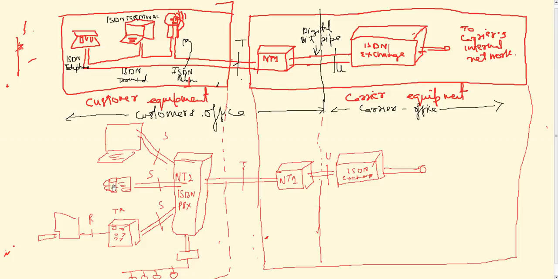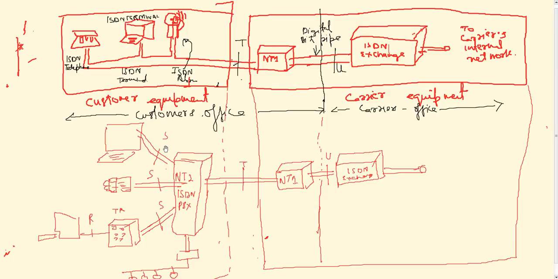For TE1, terminal equipment 1, for them to connect to the private exchange, we need an interface reference point. It's called S. And between the NT1 we need T and U and all that. But before we discuss that, what is terminal equipment 1? It is actually called terminal equipment type 1.